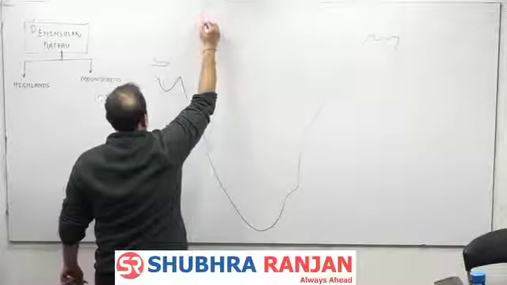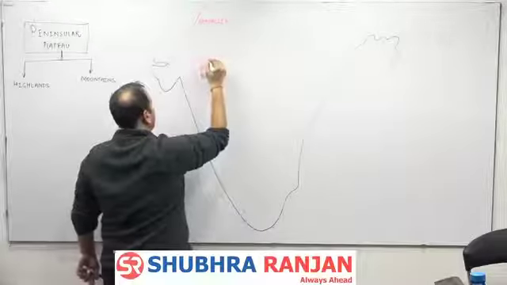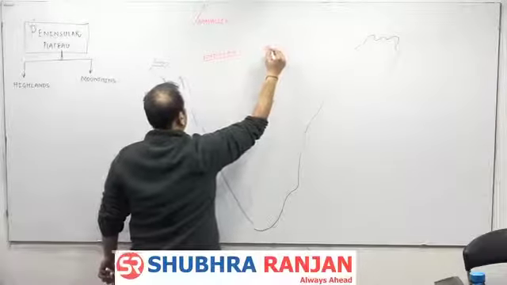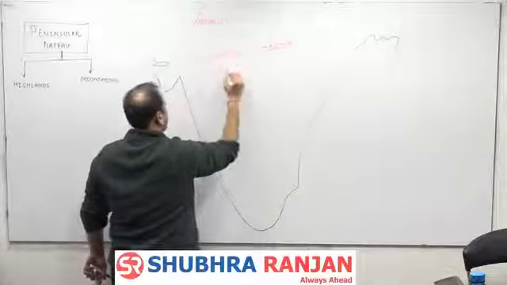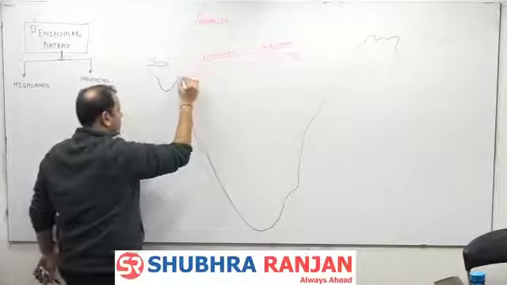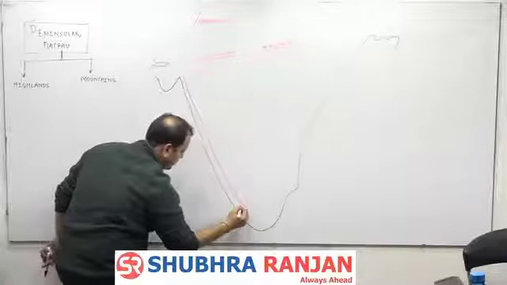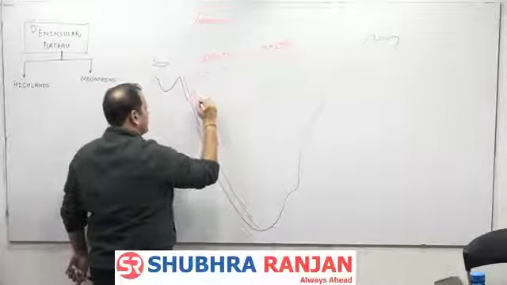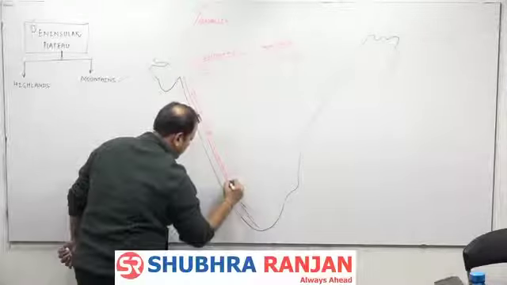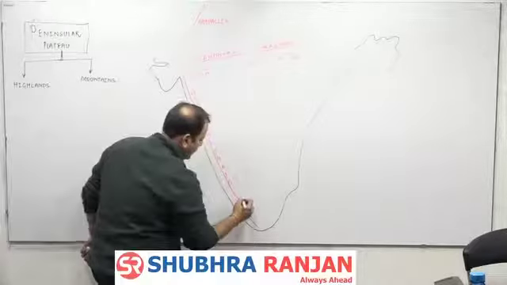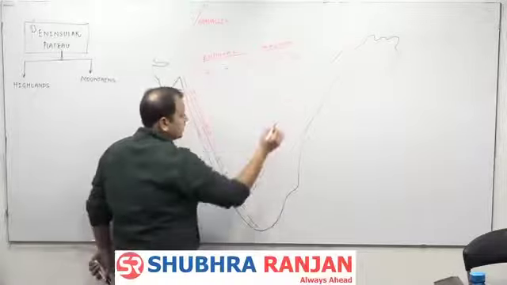Mountains are Aravalis, Vindhyas and Kaimur, Satpuras, Western Ghats, और सह्याद्री, and these are Eastern Ghats.